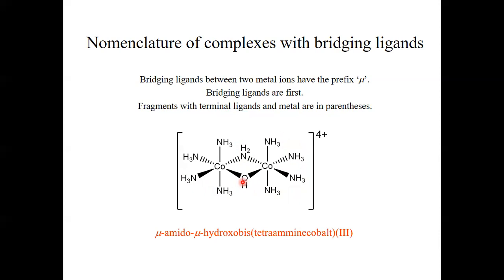But now we have two cobalts, so we have to distribute these 6 positive charges over 2 cobalts, and therefore each cobalt gets a 3+ charge, and therefore the oxidation number of the cobalt is +3. Okay, alternatively, we could call this also mu amido, mu hydroxyl bis tetraamine cobalt 4+, because of the 4+ charge of this cation. All right, so let's stop at this point here.